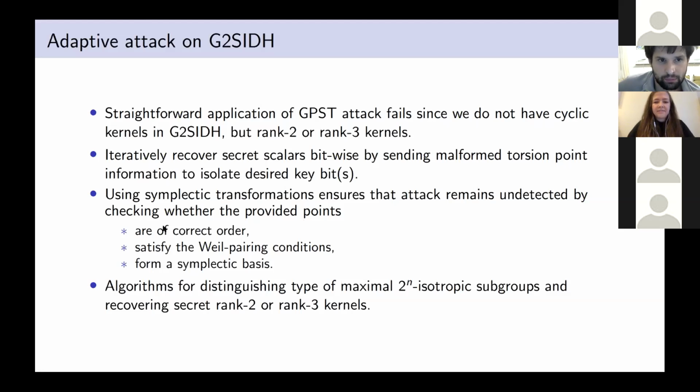And these evade all the common simple countermeasures, namely whether the points are of correct order or whether they satisfy the Weil pairing conditions or still form a symplectic basis. And in the end, we end up with an algorithm on how to determine the type of subgroup that is used. And we also find a way to find the normalized representatives corresponding to both rank 2 and rank 3 kernels.